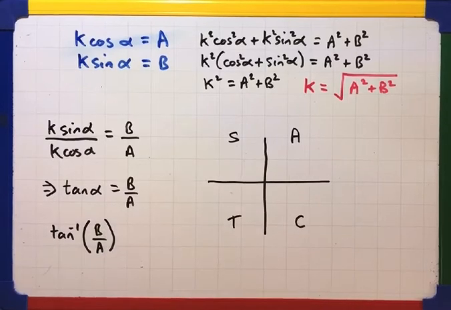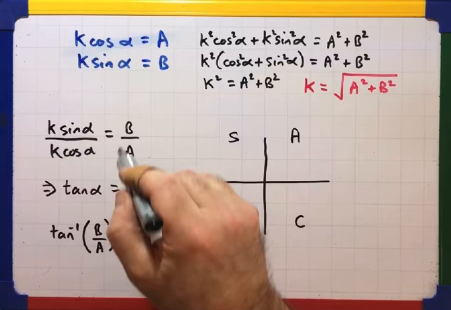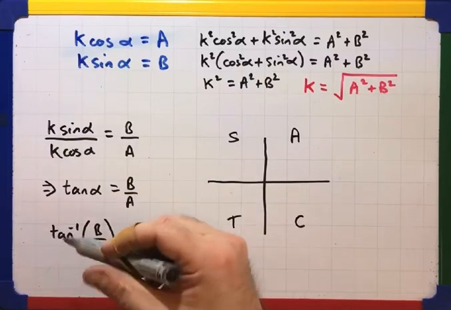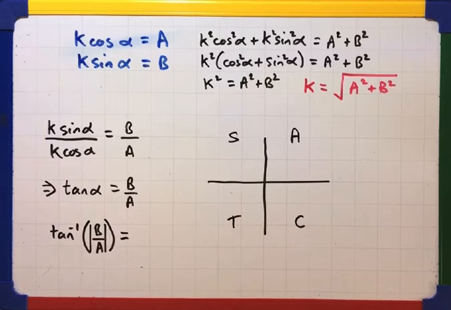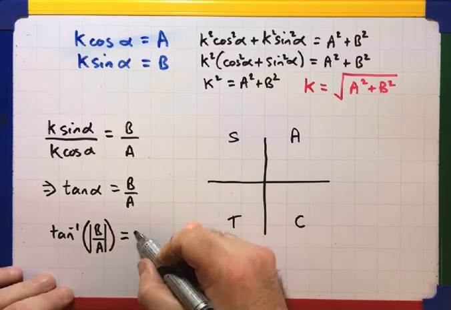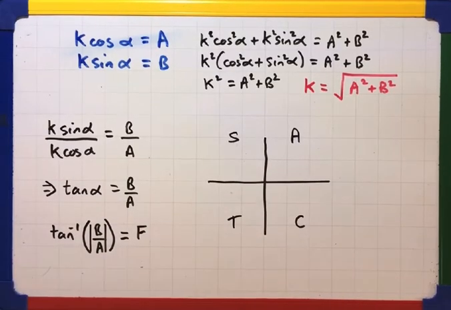That'll give me my first quadrant angle, provided I make sure it's positive. A way of saying positive is to do that sort of magnitude. So I want the positive. What I'm going to do is work out my first quadrant angle, I'll call it F for the first quadrant angle. It might be my answer, it might not, that I'm looking for. But I need to look at a couple of things.